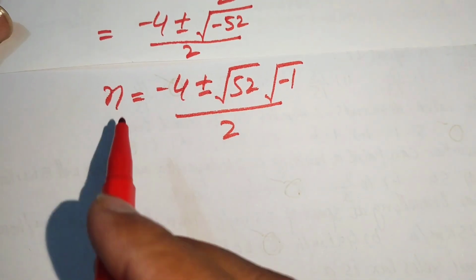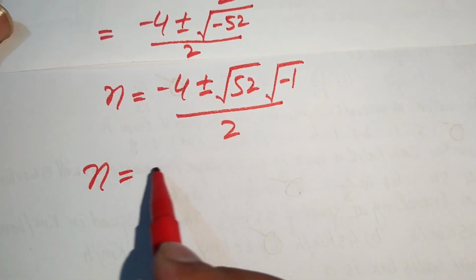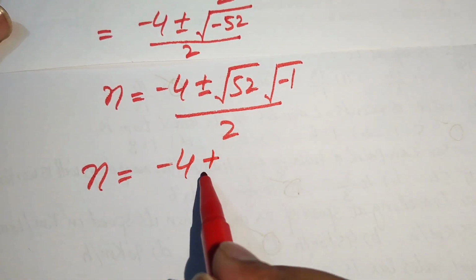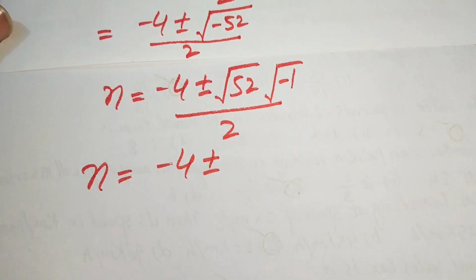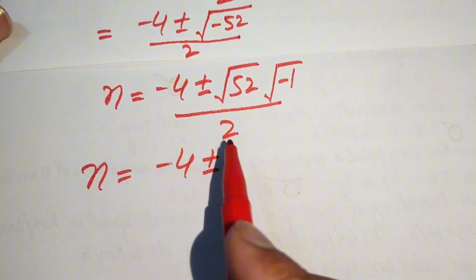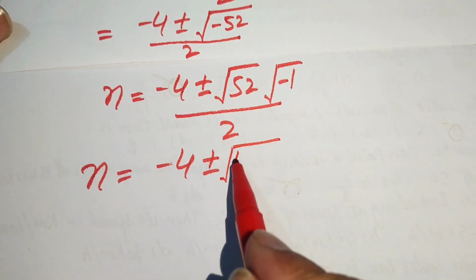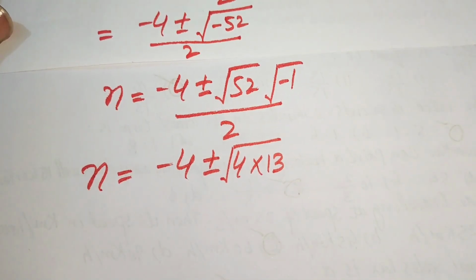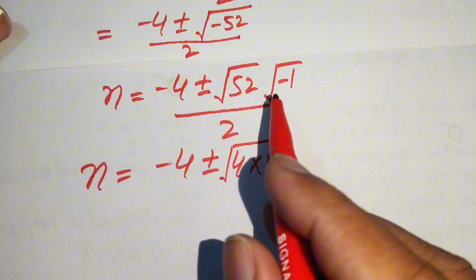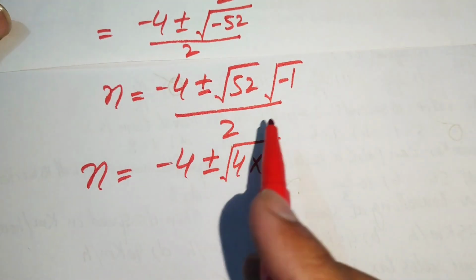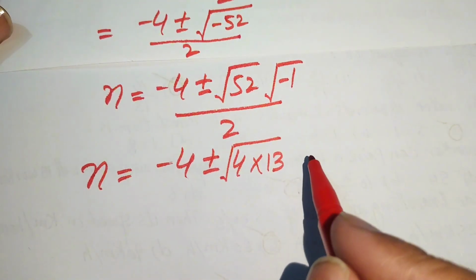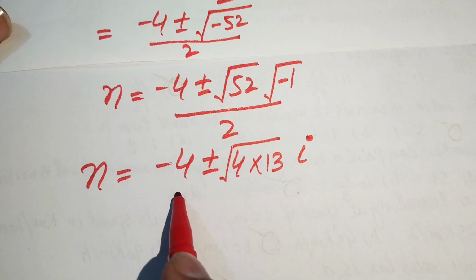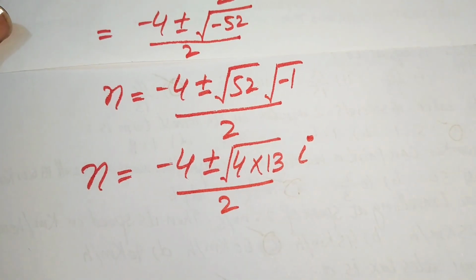Here we have minus 4 plus minus, and we write 52 as 4 times 13. We know that 4 times 13 equals 52, and the square root of minus 1 becomes iota, and this is divided by 2.